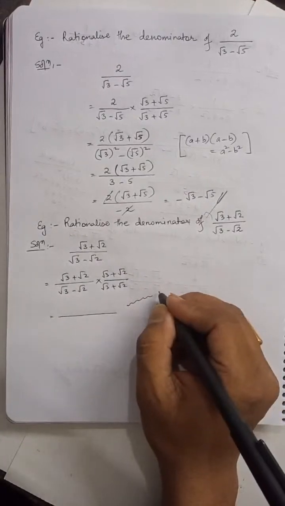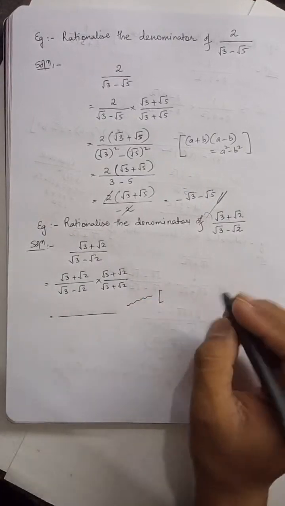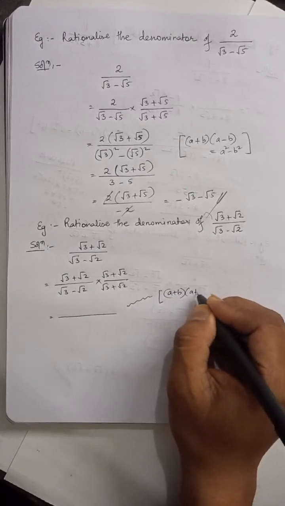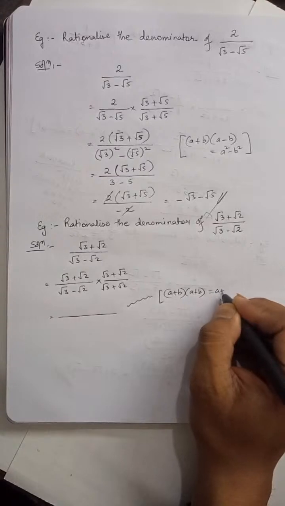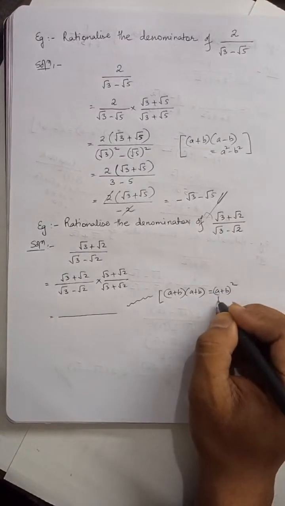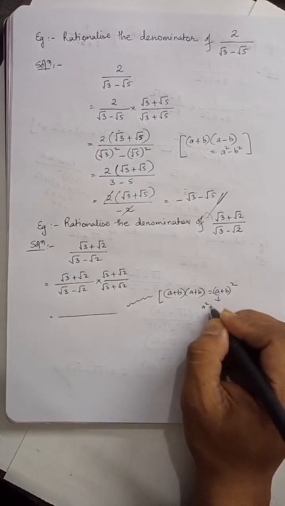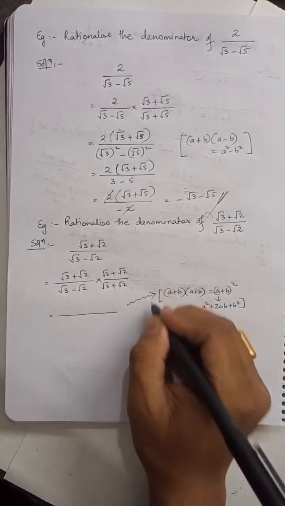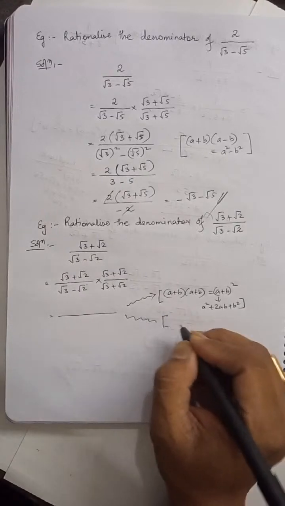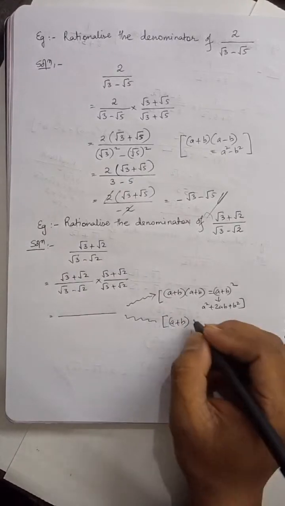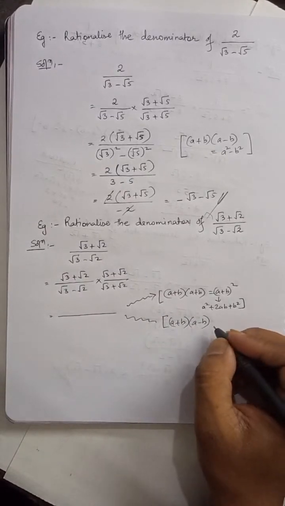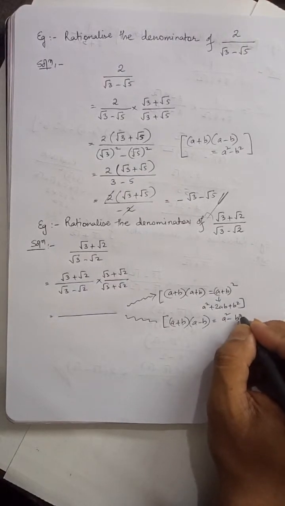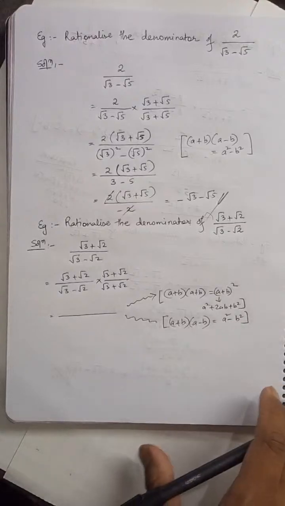Okay. Don't write it in the exam, it is just for your understanding I'm writing. So a plus b into a plus b is what? Is a plus b whole square. And a plus b whole square is what? A square plus 2ab plus b square. Okay. And denominator we will write a plus b into a minus b. So we'll have a square minus b square. Okay, so these are the identities that we are going to use.